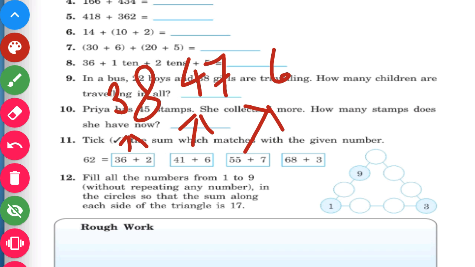So here we have got 62. Our last option is 68 plus 3. Count after 68: 69, 70, 71. So kids, which option is correct? 55 plus 7 is correct.